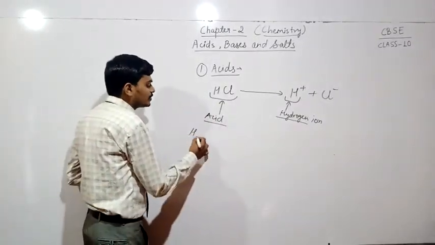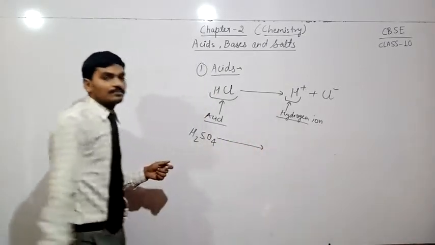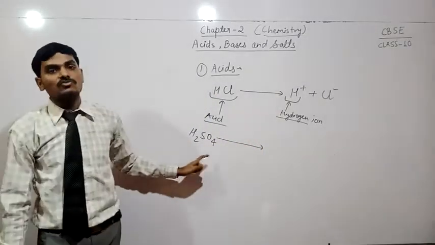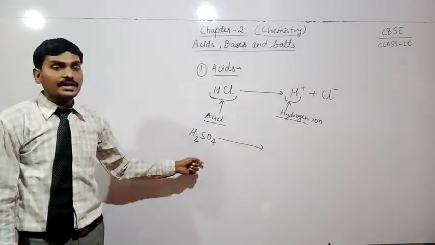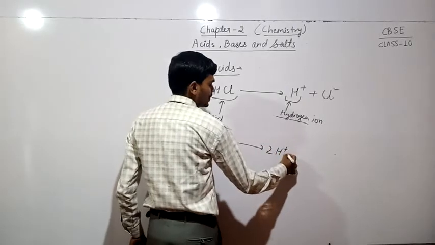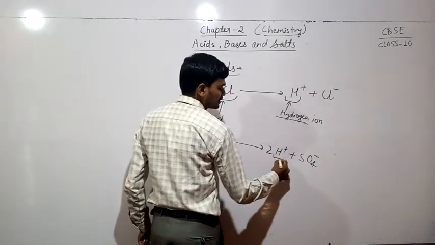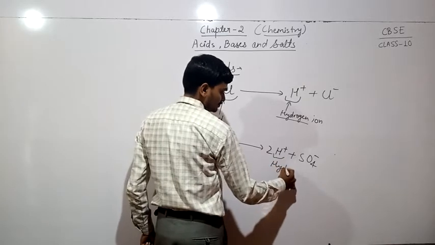Now the next example is H2SO4. If we form the aqueous solution of H2SO4, then it breaks down into 2H plus ions and SO4 minus.